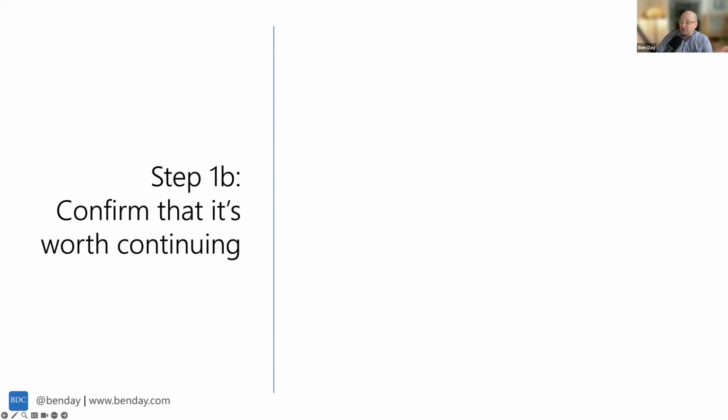So step 1B: confirm that it's worth continuing. If you made it through that first part, and they're like, yeah, we still want this, well, confirm that it's still worth continuing. This is kind of that ultimate power move, because no one really expects you to come in and say, well, it's in trouble, maybe we just kill the project. They want you to apologize. Oh, I'm so sorry that it's late. It's my fault. I'll move heaven and earth to make sure this thing is awesome.